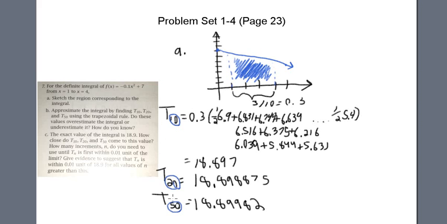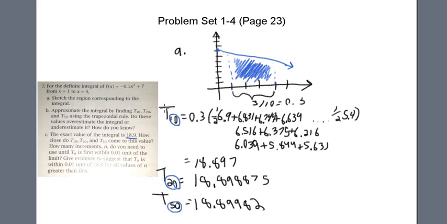It looks like this is converging, which means it's going to become 18.9, because we have 18.897, 18.898, 18.899. Looks like it's slowly converging at 18.9, which we see in part C if you read ahead a little bit.